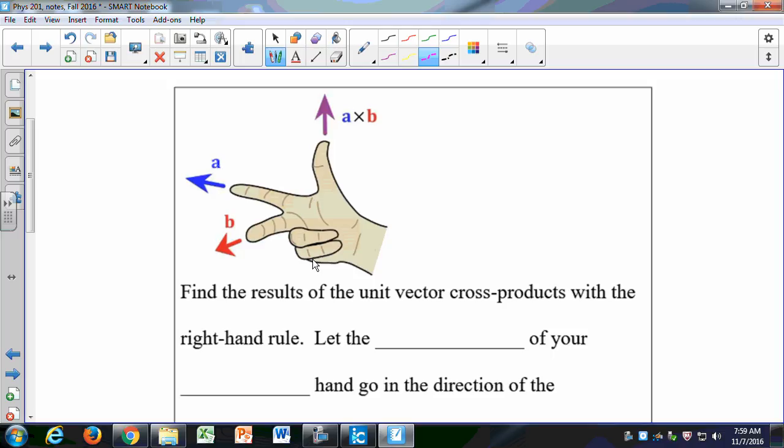All right? So the way you do this, there are a couple different ways. If you want to know the direction of A cross B, you let your index finger, your pointer finger, be the first vector, A, your middle finger be the second vector, and then your thumb will give the direction of the resultant, or the cross product of those two vectors.